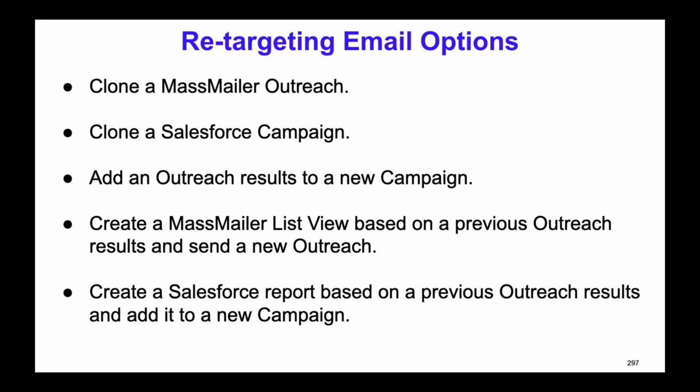It could be opens, clicks, or any other status values that you're interested in retargeting. You can create that report, add those report members into a specific campaign, and then send a retargeting email. So those are the various options that are available.